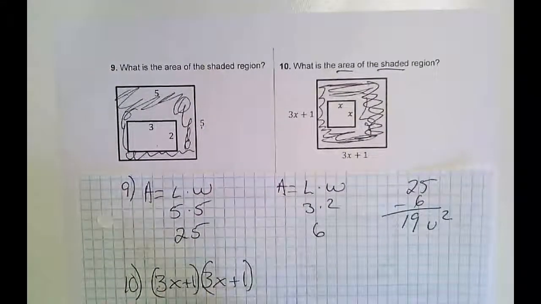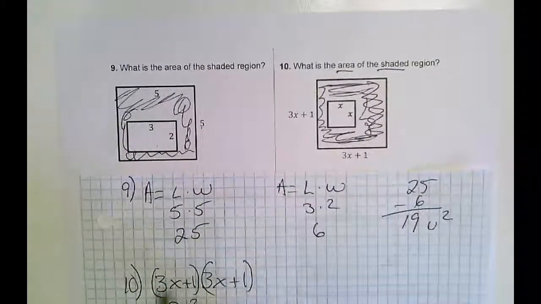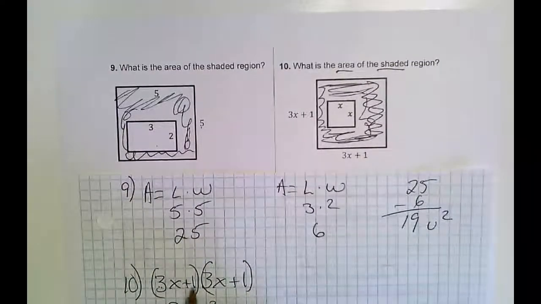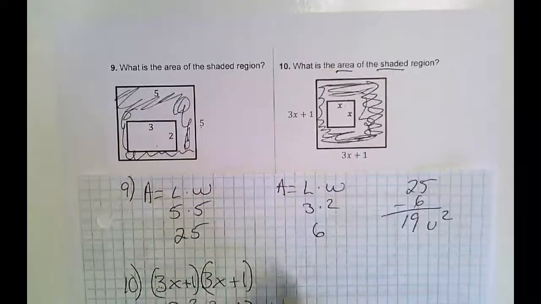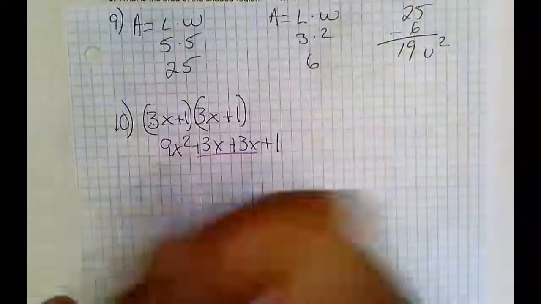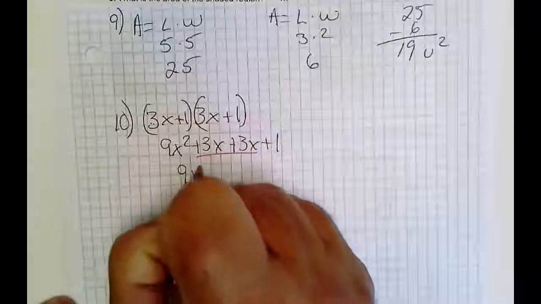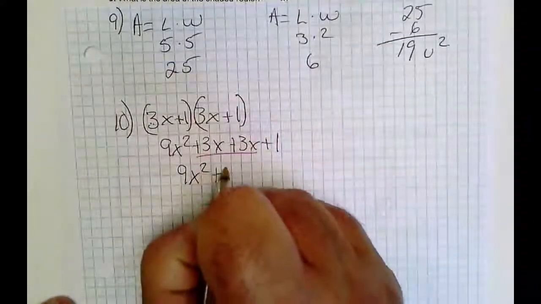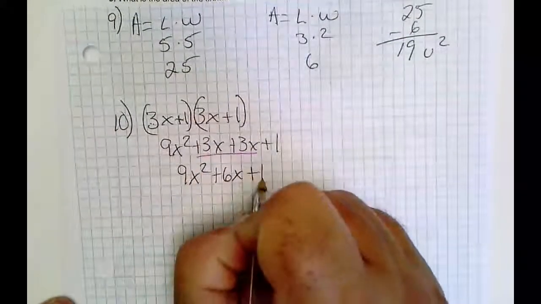First, 3x times 3x is 9x squared. Outside, 3x and 1 is 3x. Inside, 3x and 1 is 3x. 1 times 1 is 1. I'm still combining like terms. Sorry, I didn't move that up earlier. So my area of the big box is 9x squared plus 6x plus 1.